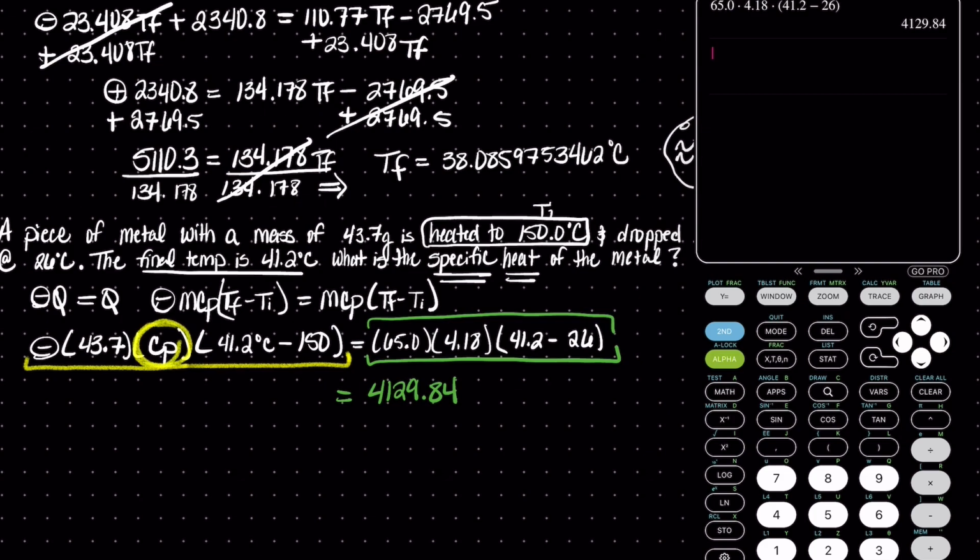So what I'm going to do is simply take these two and distribute them as we normally would. So negative 43.7 times 41.2.